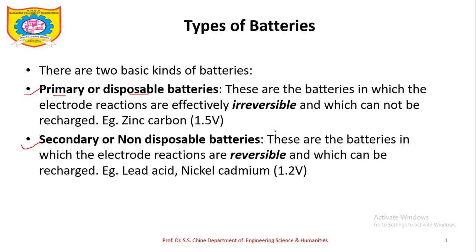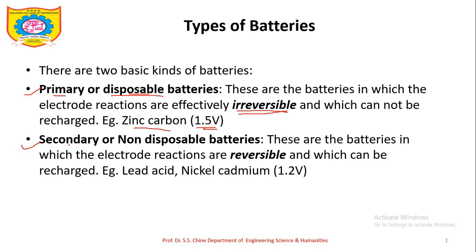So these types of batteries are known as primary or disposable batteries, in which there is an irreversible reaction. Once reactant gets converted into product, it will not again convert into the reactant, and that's why we have to discard these batteries after use. So these are disposable batteries. For example, the zinc carbon battery, which gives about 1.5 volt.